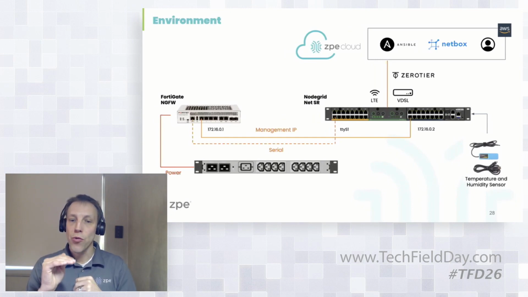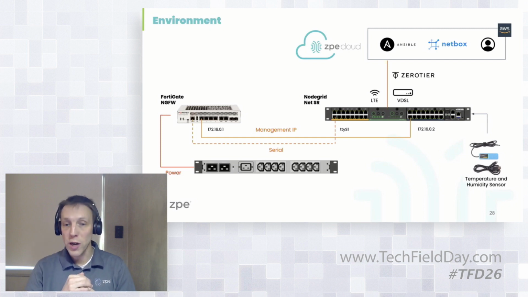Through those out-of-band connections, we have a secure tunnel in the form of an overlay network using ZeroTier to an AWS VPC instance. In the VPC instance, I'm using as my poison of choice Ansible for the automation and NetBox as my source of truth. So we're going to interact mostly with those.